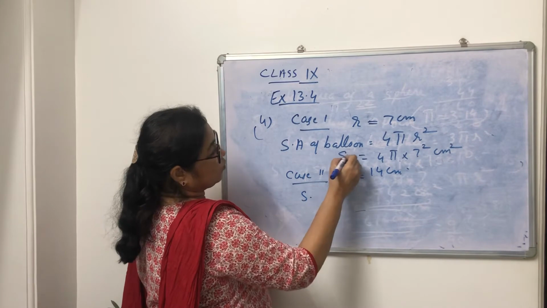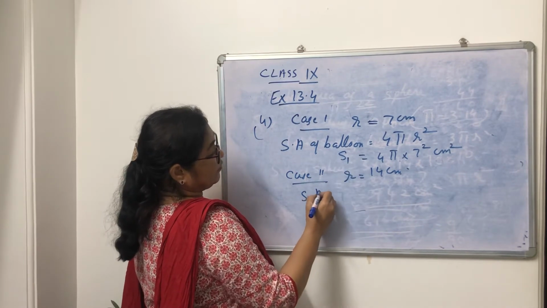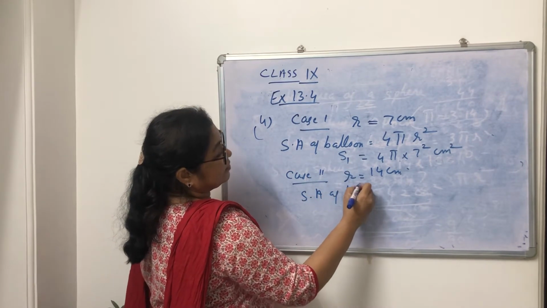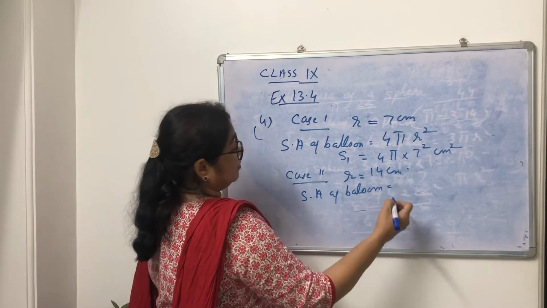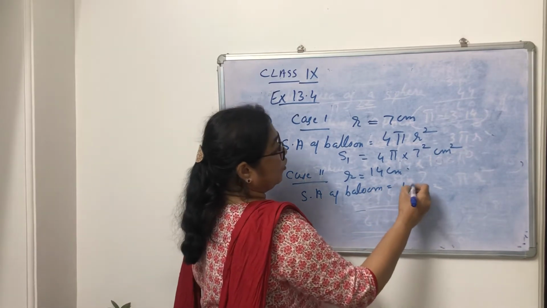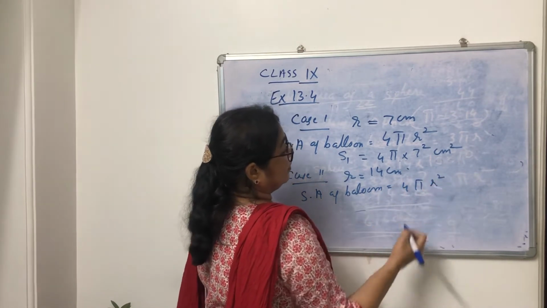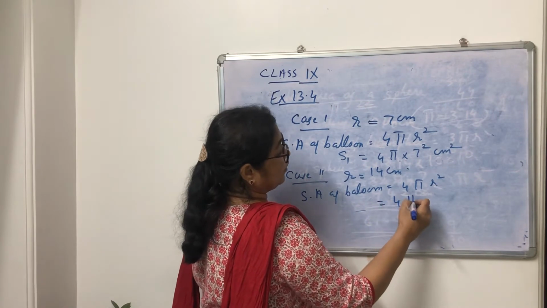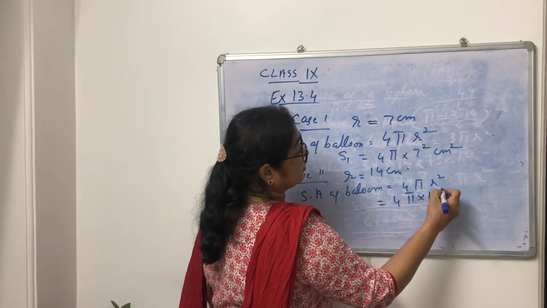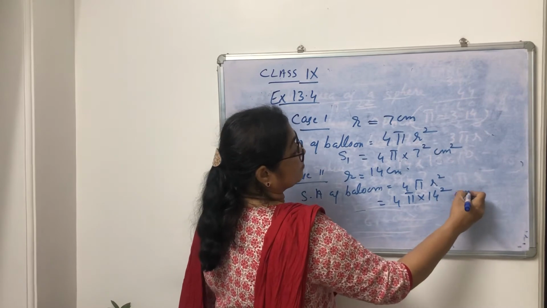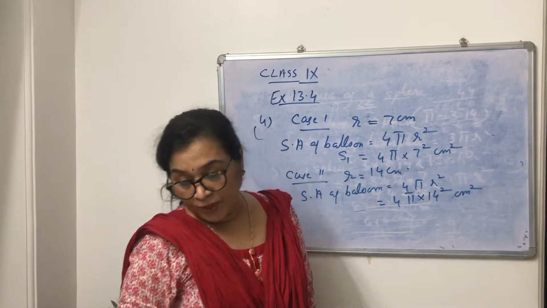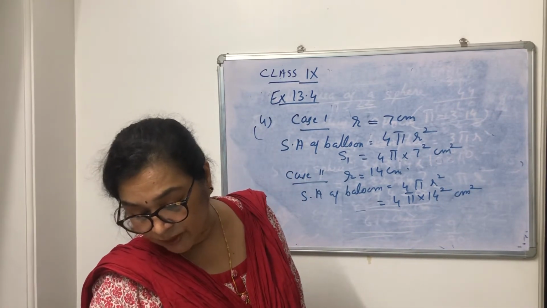Then this is S1. Then surface area of balloon is 4 pi r squared. This is 4 pi into 14 squared, that much of centimeter squared. So you need to find out the ratio of the surface areas.